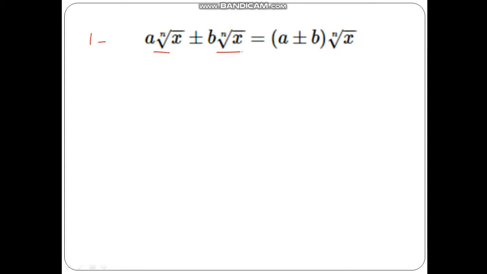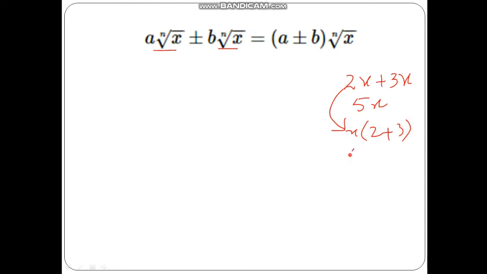Like if you have 2x plus 3x, the coefficients are added, or you can say x can be taken as common and 2 plus 3, so it will be 5 into x. So here the surd is taken as common and the remaining will be inside, a plus or minus b.